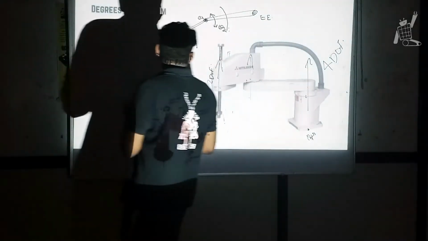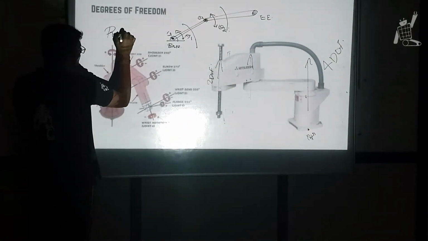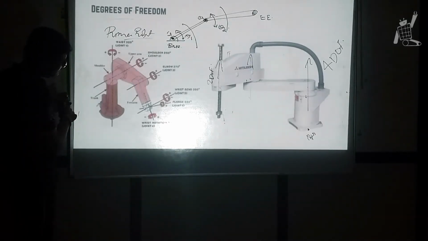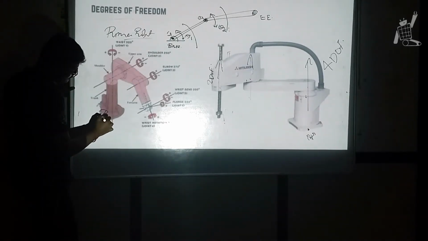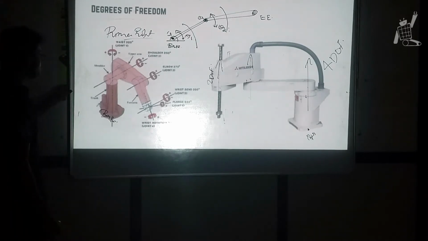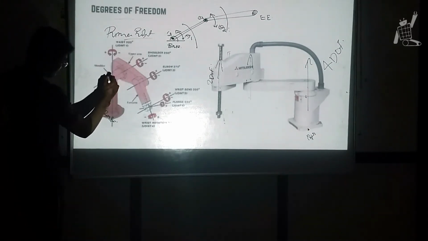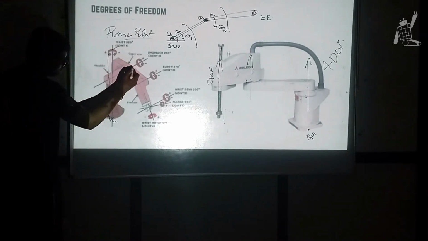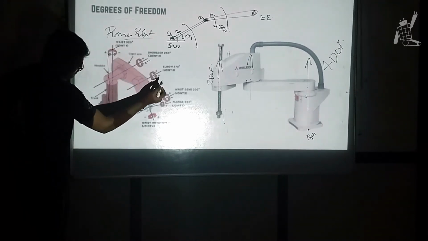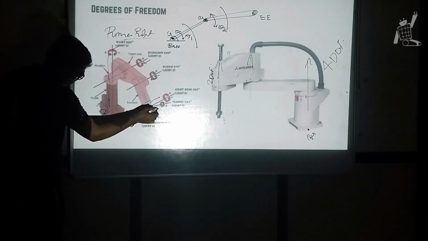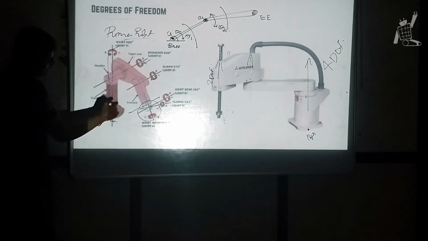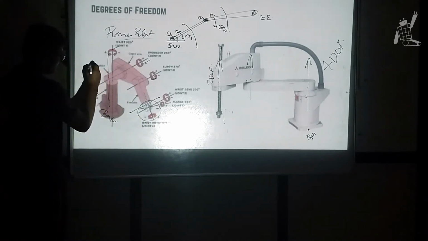And this is the PUMA robot. Here, this is the base, and here there is one rotation. In this axis there is one rotation, that is represented by this. Here also one rotation is there, here also one rotation. This part is called the end effector. Avoiding the end effector, this has 3 degrees of freedom.